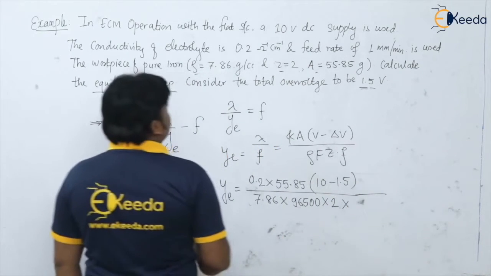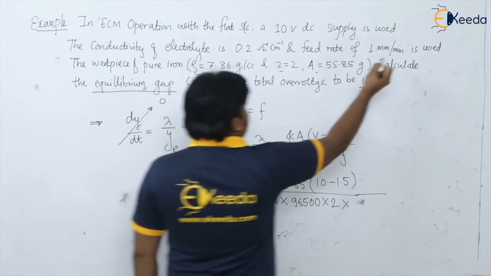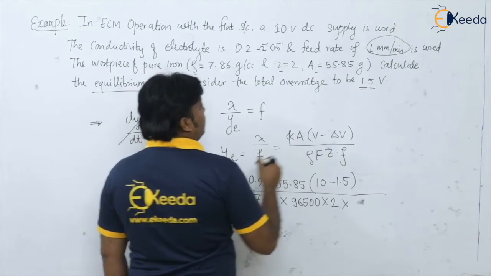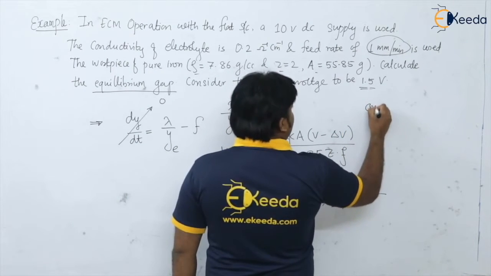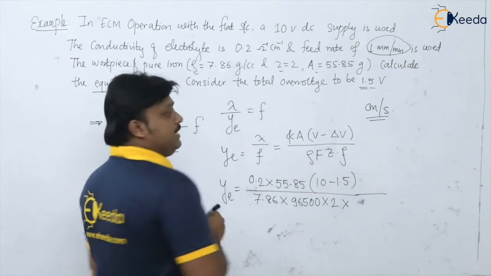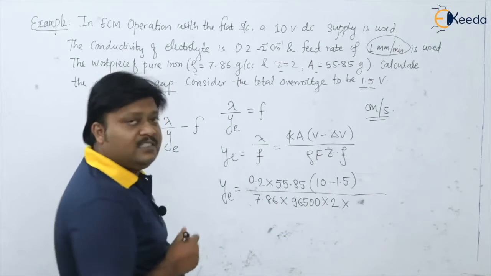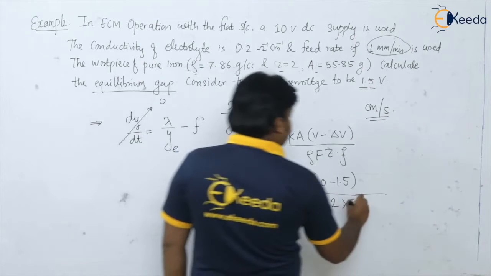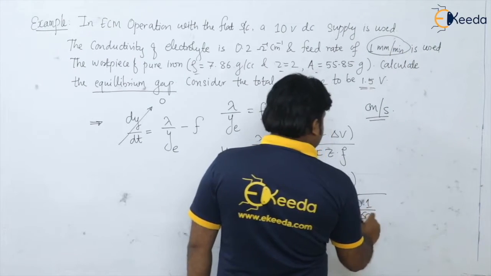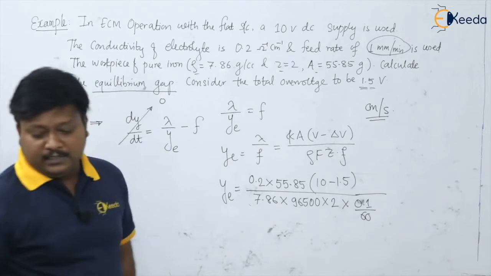The feed rate is given as 1 mm per minute. Now we want it in centimeter per second. So 1 millimeter is 0.1 centimeter, divided by 60 seconds. So let us calculate this.